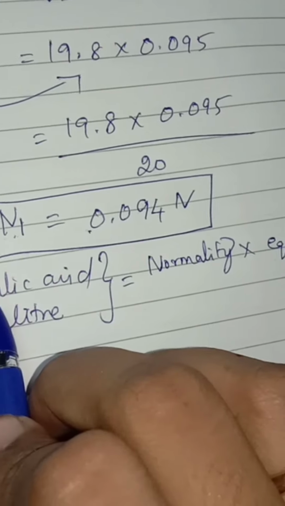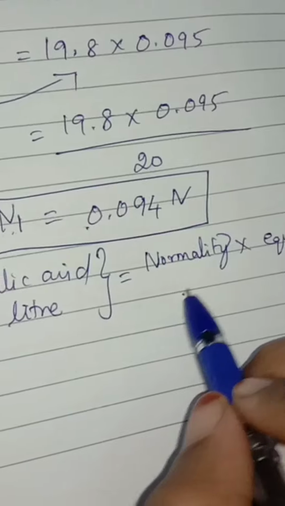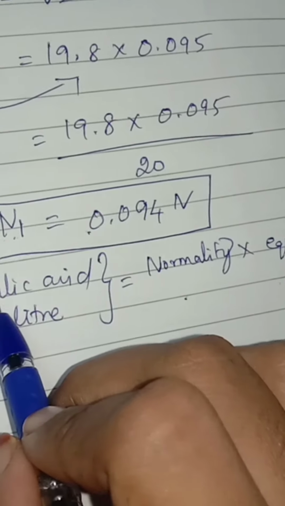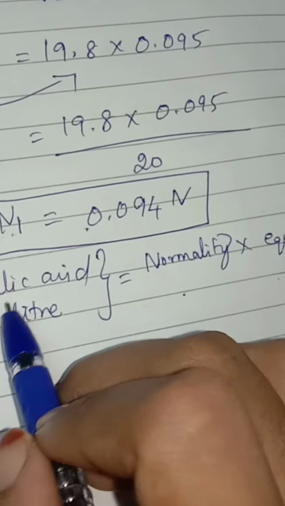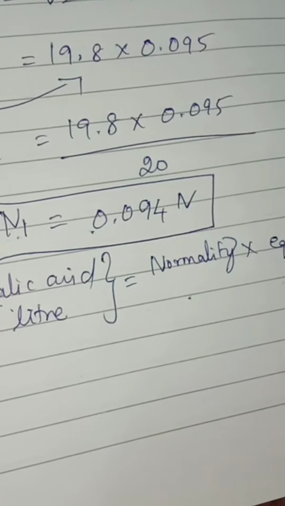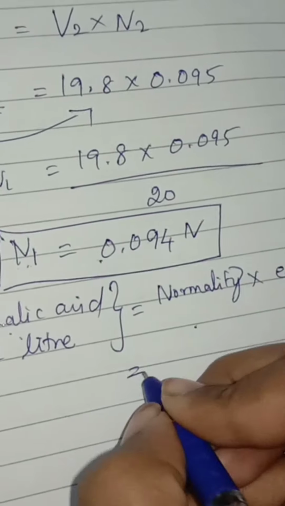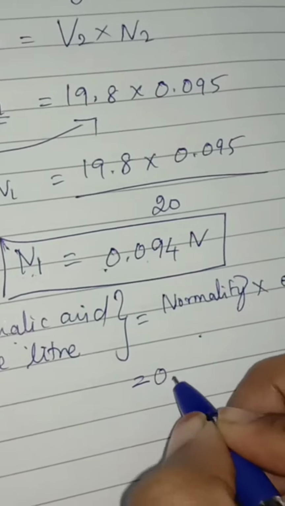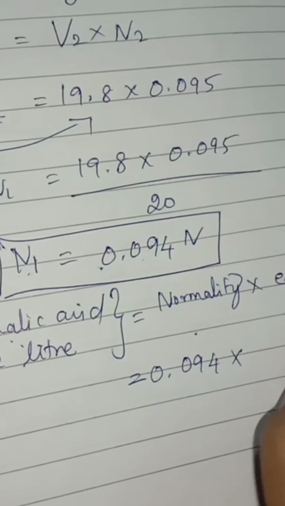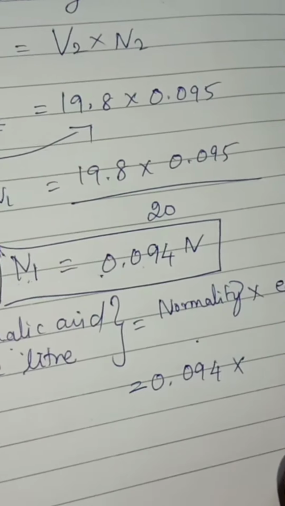To calculate weight, the formula is normality into equivalent weight. Weight of crystalline oxalic acid, how can we calculate? From the equivalent weight into normality. What is the normality we found here? 0.094, and the equivalent weight of oxalic acid is 63.